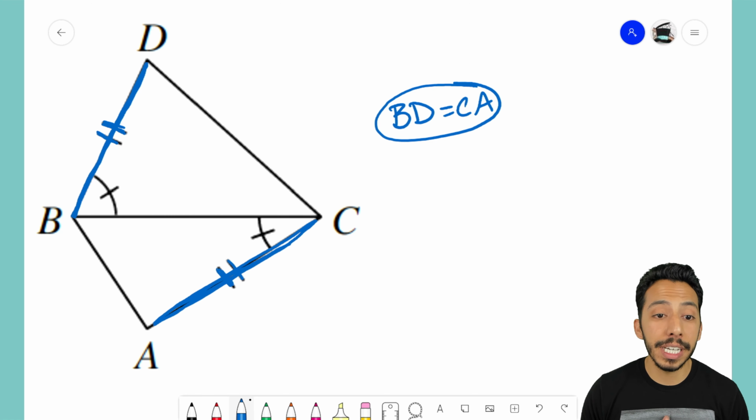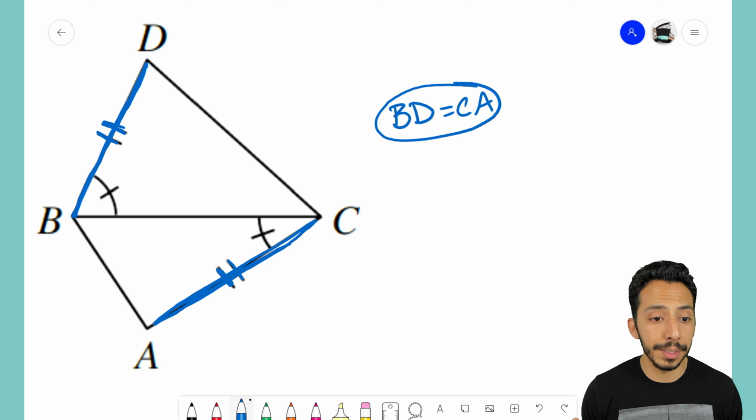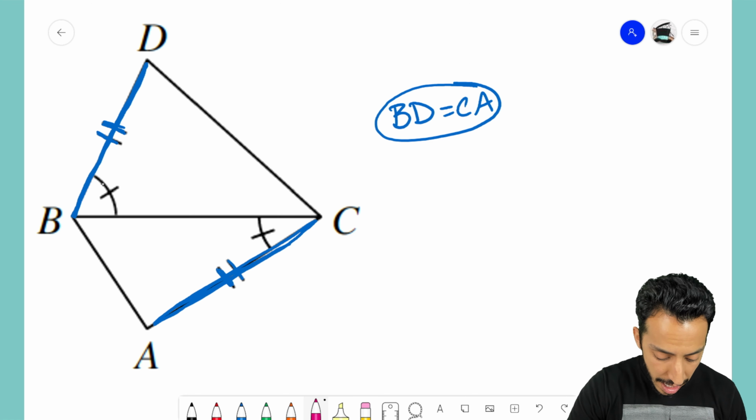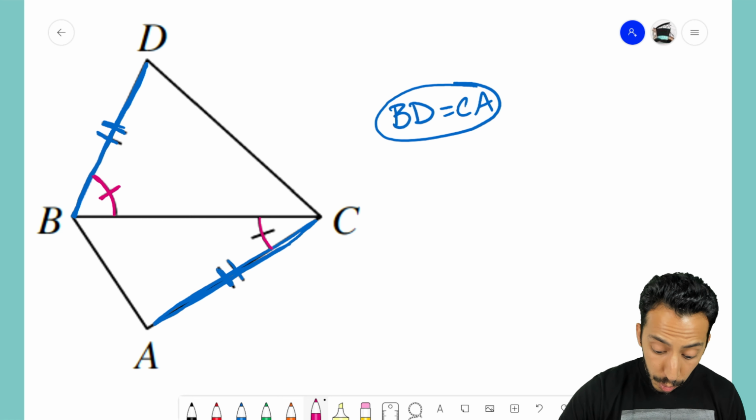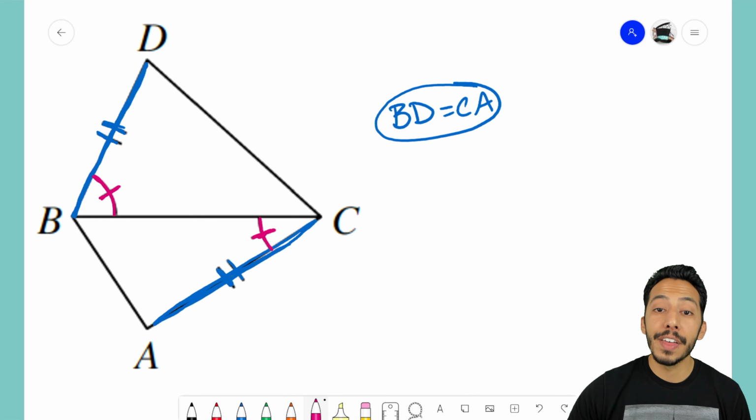All right, let's keep looking at those triangles and see what else we have in common. I'm noticing that at angle B, there's an angle on the top side that looks like it's equal to this angle here at C, on the bottom triangle. Again, I want to talk about that in my flowchart.